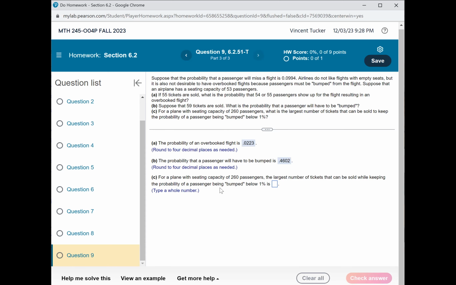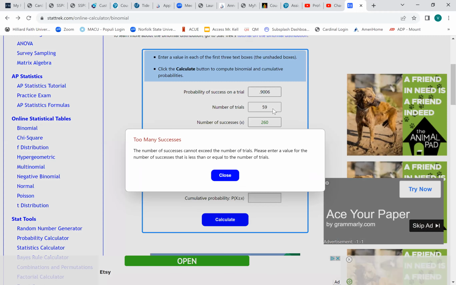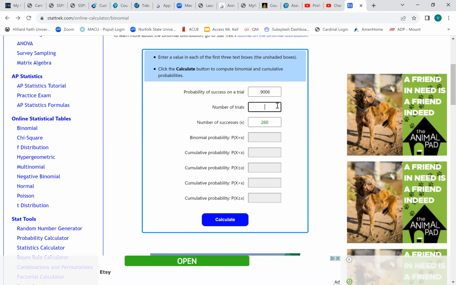We have to play with some numbers a little bit. So let's go back to our app. The number of successes is going to be 260, and then we put in numbers greater than 260, trying to get the probability as close to 1% as possible.